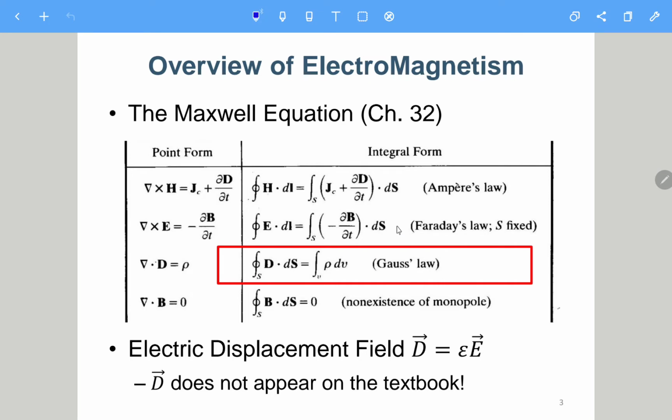In chapter 30, we will learn Faraday's law. This one relates to the magnetic field generated by the current or displacement current. And this one is magnetic induction, which means that if we have a time varying magnetic field, it will generate an electric field like this.